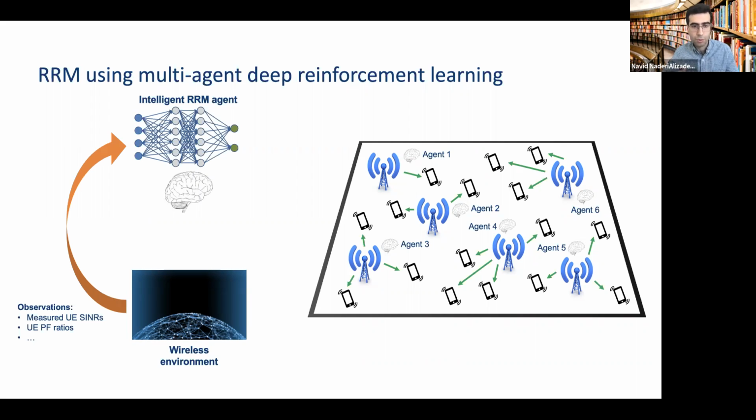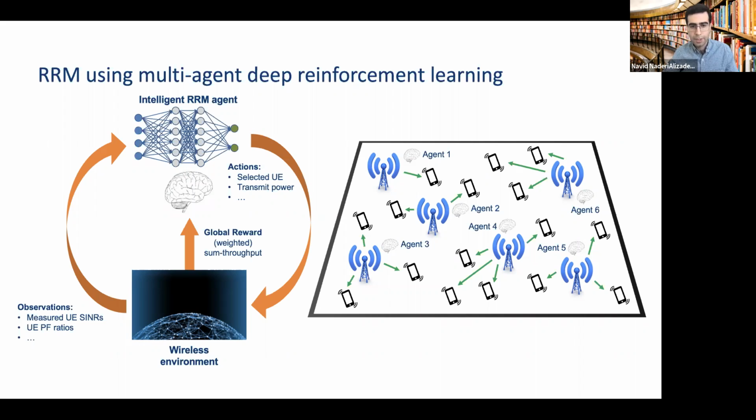It's going to get some observations from the environment, which is a function of the entire global state of the environment, which you don't have access to at each step. But the observations are going to be, for example, the measured UE SINRs, the UE PF ratios, and so on. And in terms of the actions, basically it's going to be the selected UE for each of the agents and the transmit power and so on.